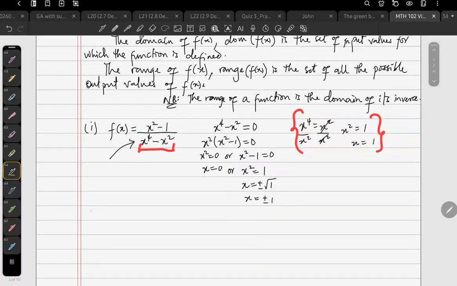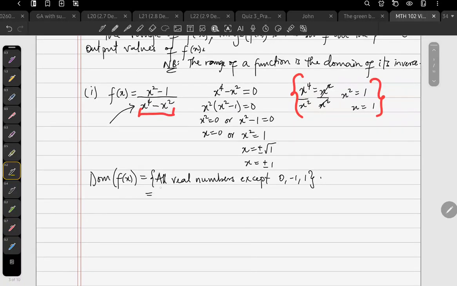So that means that the domain of the given f of x, in words, is the set of all real numbers except these bad boys, 0, negative 1, and 1.